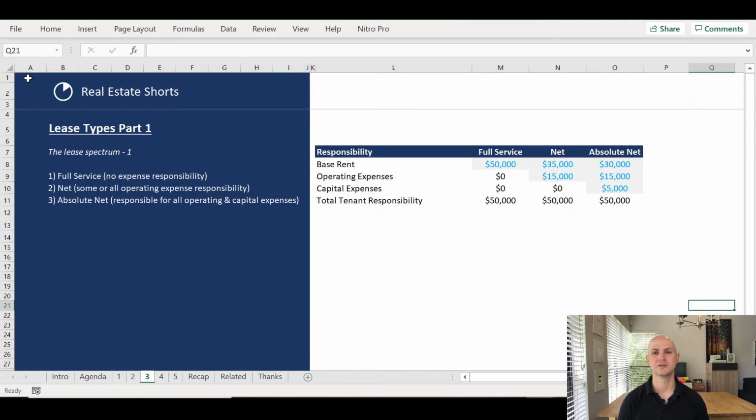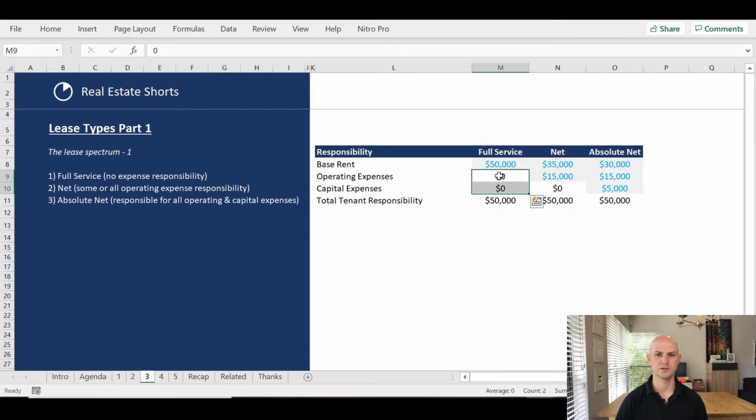In this lease structure, the tenant is responsible for paying their base rent, their proportionate share or fair share of operating expenses, as well as their proportionate share or fair share of capital expenses. So again, full service means tenant pays only base rent.